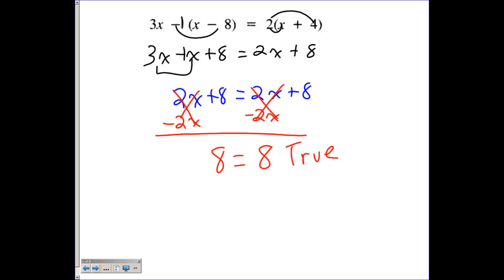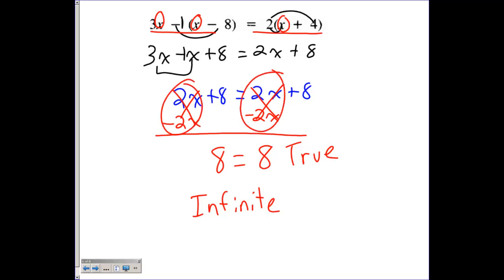What that really means is there are infinite solutions. So it means no matter what you put in for x up here, here, or here, the left and right hand side of the equation are always going to be equal, since on this step right here, the x's cancel out, meaning the x values are irrelevant to the problem. So it doesn't matter what you put in there, there are infinite solutions.